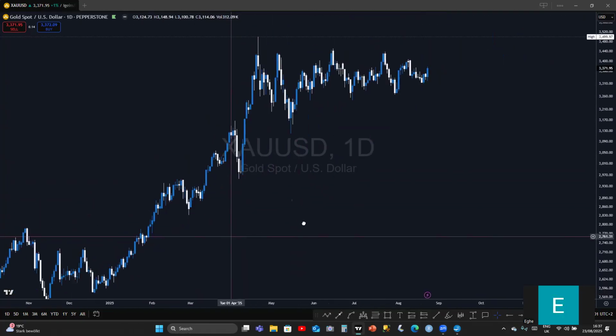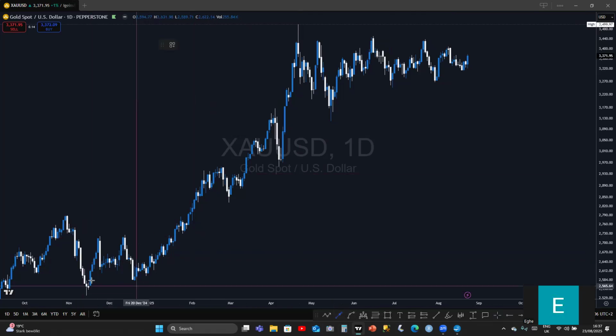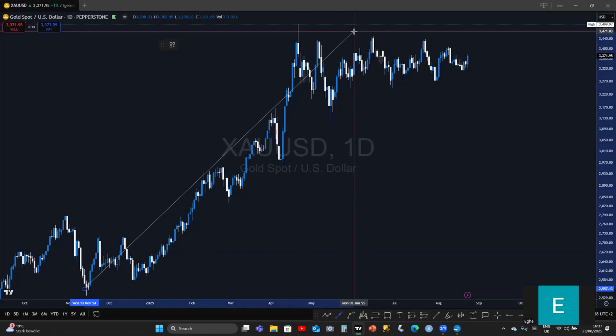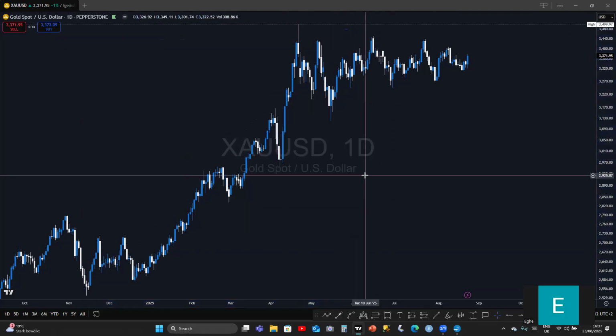Okay, now we have already identified the first thing. We know the direction is bullish. Don't forget, we want to carry out our top-down analysis so that we can know where the opportunity lies for us to place our trade.